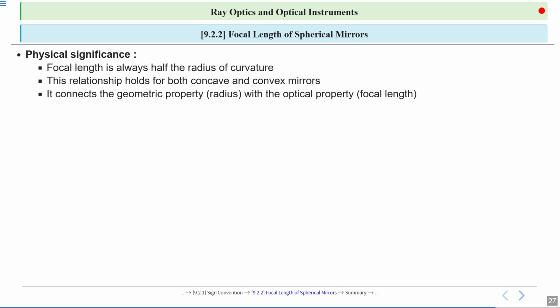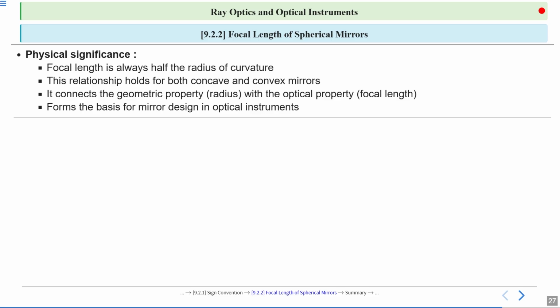What is the optical property? Focal length. It is not defined according to the geometry of the mirror. It is defined by how rays of light parallel to the principal axis will meet after reflection. It forms the basis for mirror design in optical instruments.